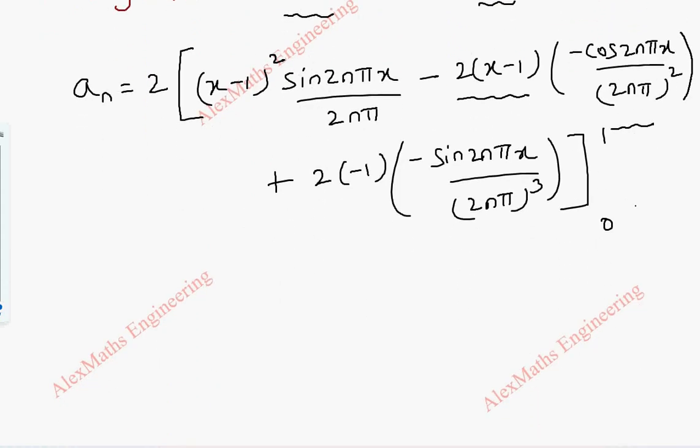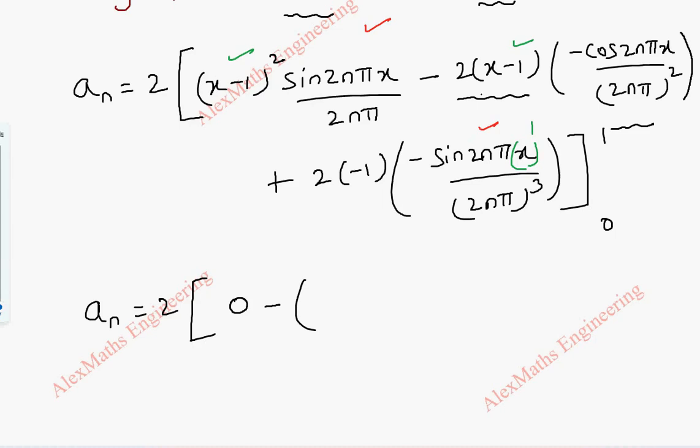When I substitute the upper limit 1 for x, this will become 0, this will become 0, and here when I put 1, we get sine 2n pi, that is also 0. So upper limit, all the values are 0, minus, when I put the lower limit, these two terms are sine terms, so sine 0 is 0.